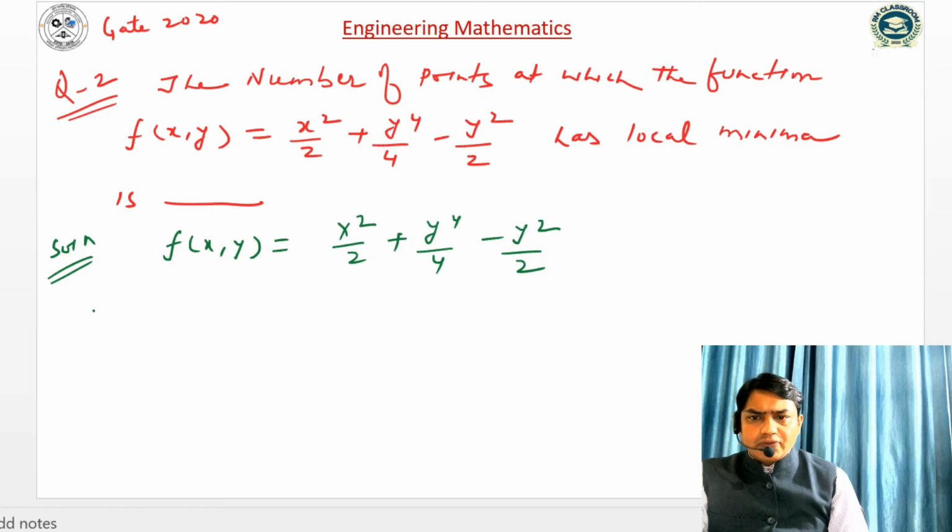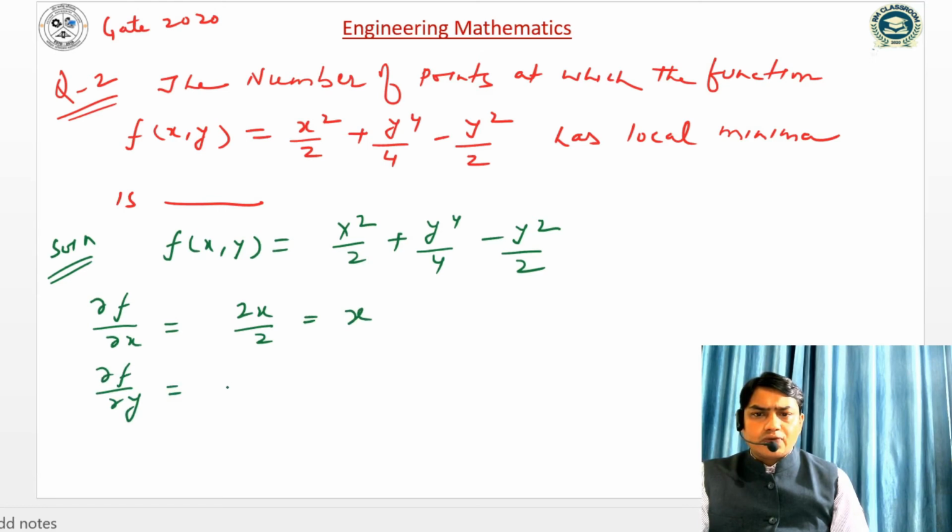Once again we find del f by del x, which is 2x by 2, that is x, and del f by del y, which is 4y cube by 4 minus 2y by 2, so y cube minus y. For a stationary point, we equate del f by del x and del f by del y to 0.